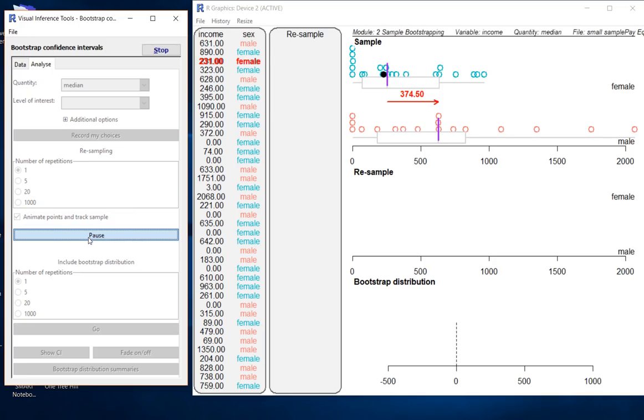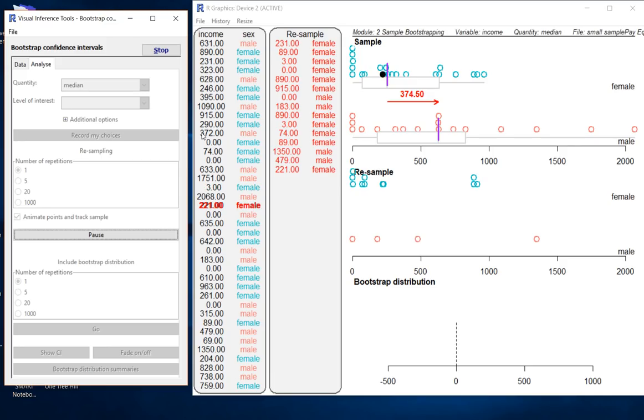So let's go. So there is a female, that female is being chosen to be in the resample. It's going to keep selecting people from our sample. Remember, our sample is standing in for the population, and it's going to be recording them as a new sample.